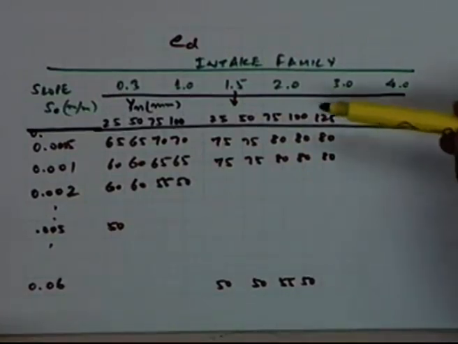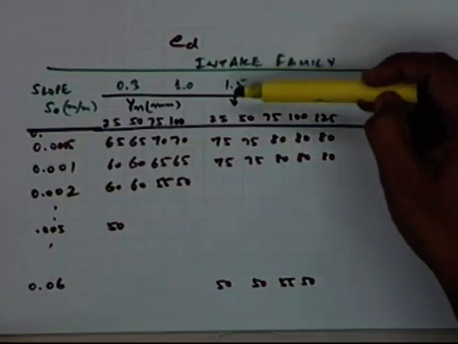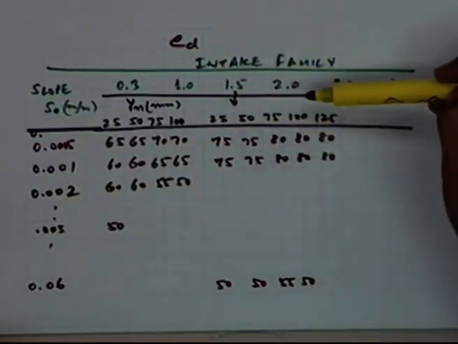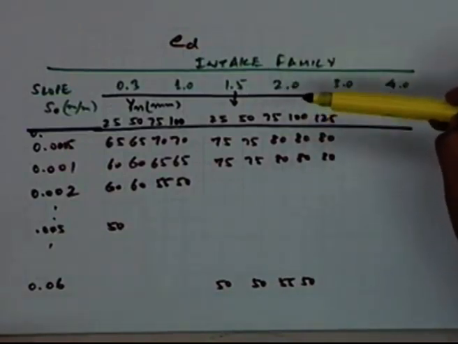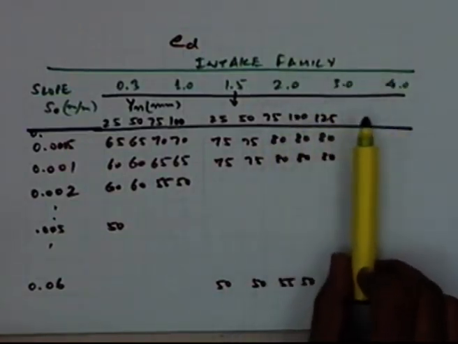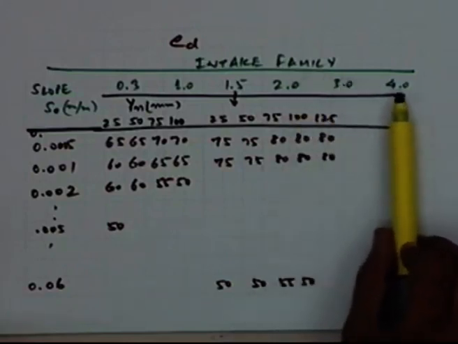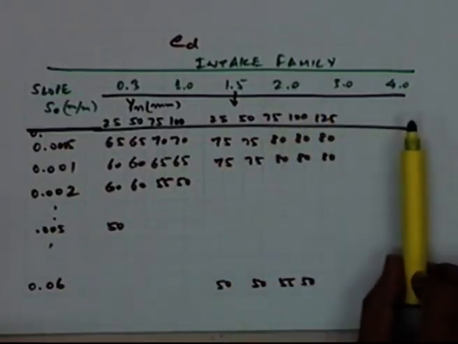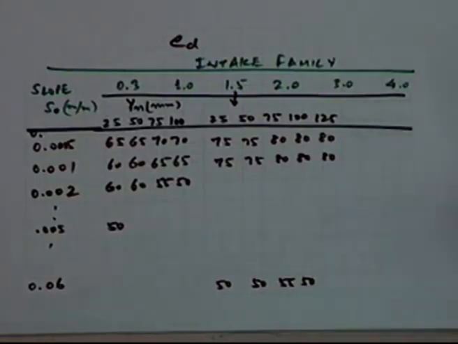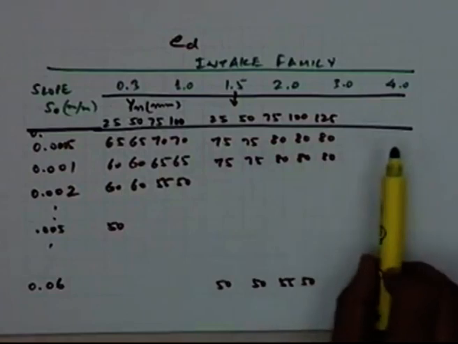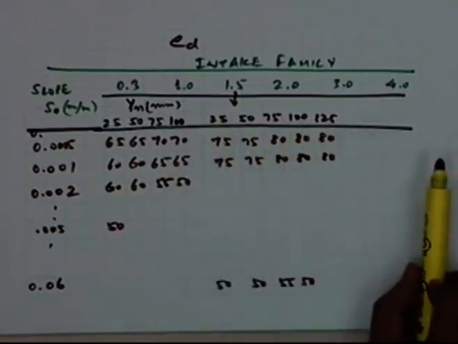But in general, you will find that the higher efficiencies can be achieved for moderate soils which have moderate intake. Even the higher values of these intake family numbers will suggest that the efficiencies will lower down.